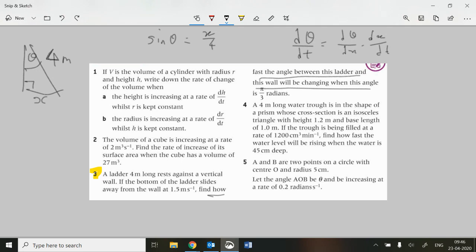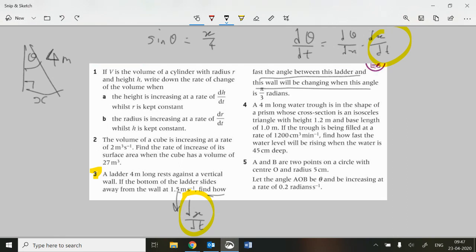And this information here, this 1.5 meters per second, that's how x is changing with respect to time. So you can see that we have this thing already. That's our 1.5. Okay, so we need to find out d theta dt, this thing here.